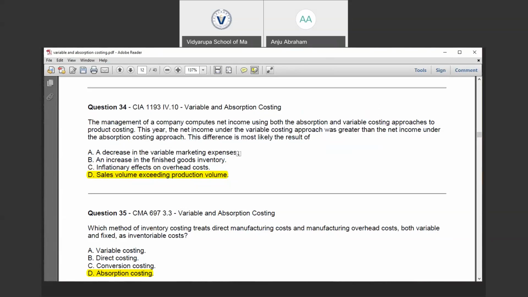If finished goods inventory is increased, our production would have been higher, so under absorption costing the income would have been higher. Inflationary effects on overhead cost would affect both incomes; there are no such differences. Sales volume exceeding production volume is the right answer, because if sales exceed production, variable costing income would be higher. So option D is the right answer.